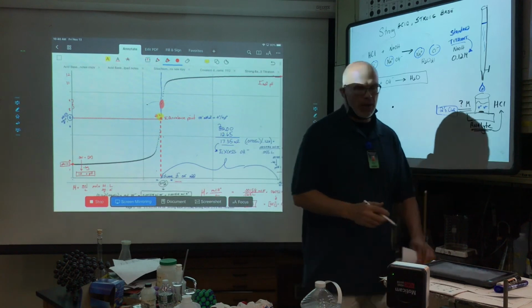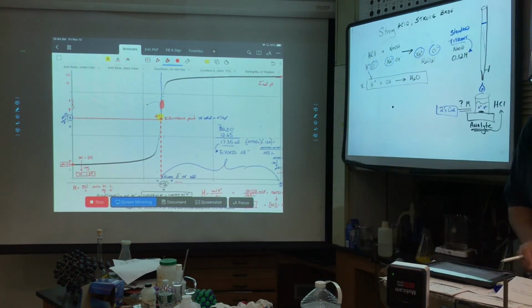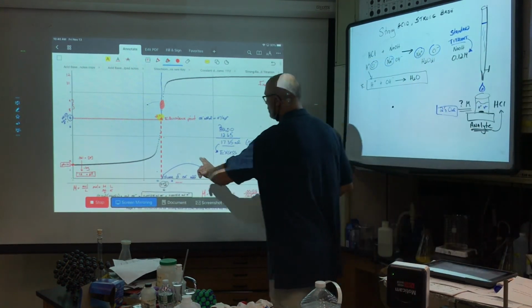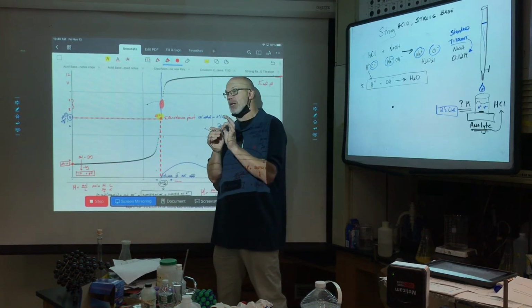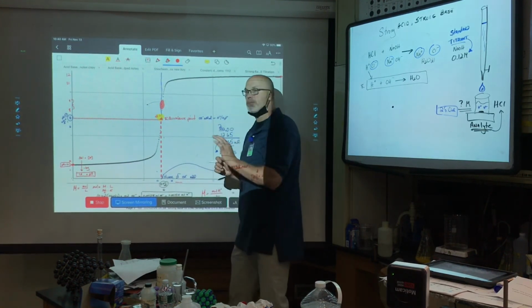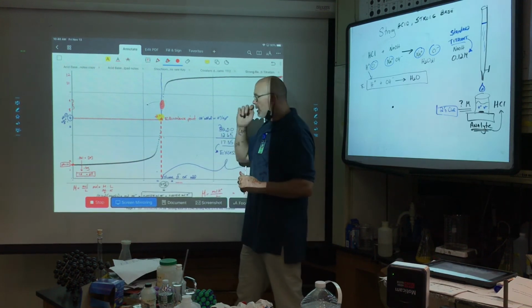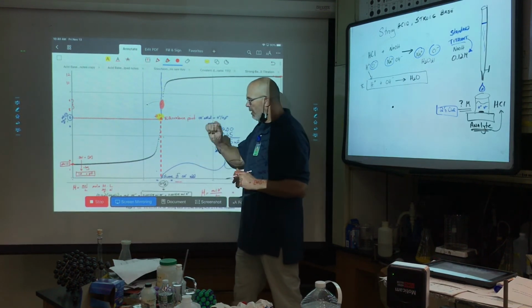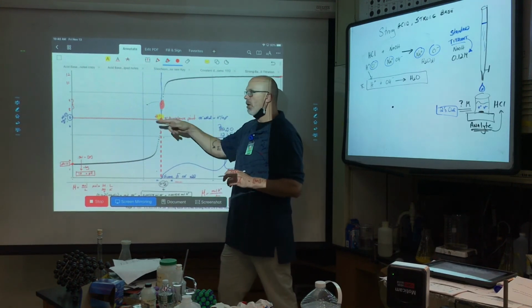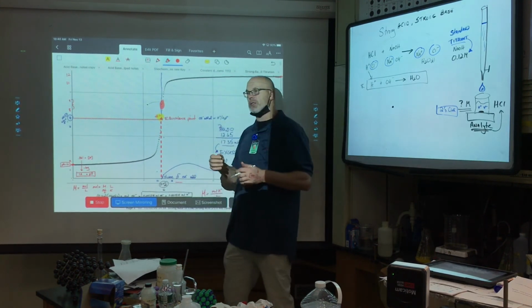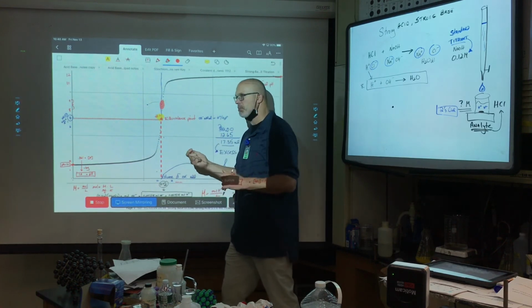So the color change: we definitely saw some color changes, and if we didn't do this particular titration with a pH probe, what we would do is add a drop at a time and see how long the color persists. If you notice, when I added a drop, it was disappearing.